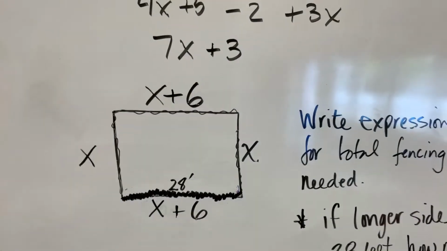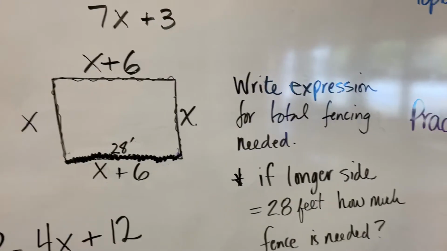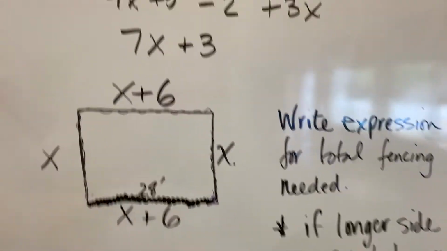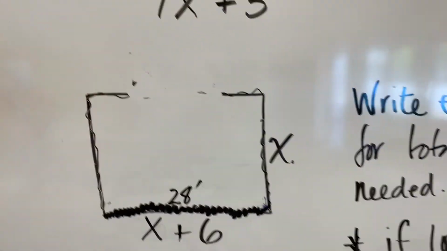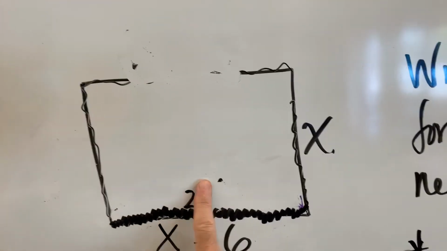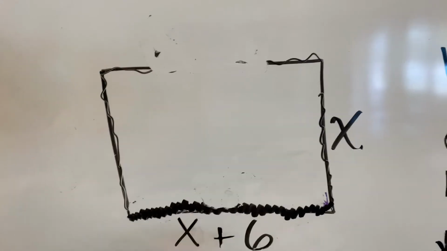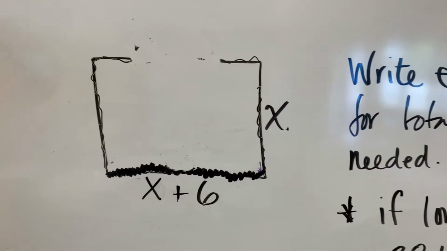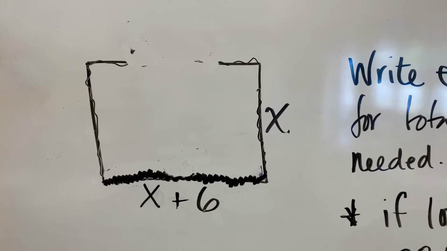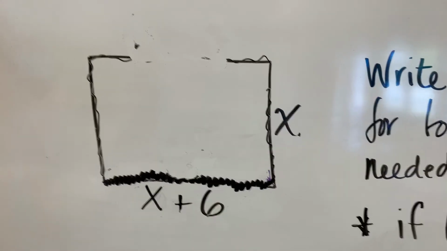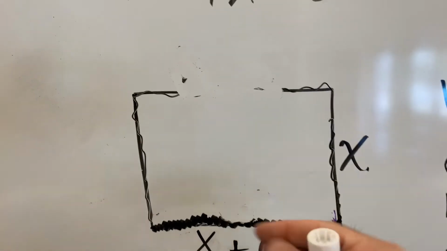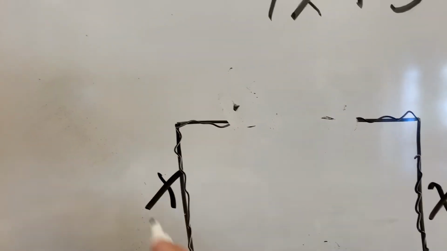And last but not least, you have the fencing problem. They only gave you this in the picture. And they wanted to know what could be the perimeter that we could write for this. What's the expression we could use for this perimeter? Well, if that side is x, this side is x.